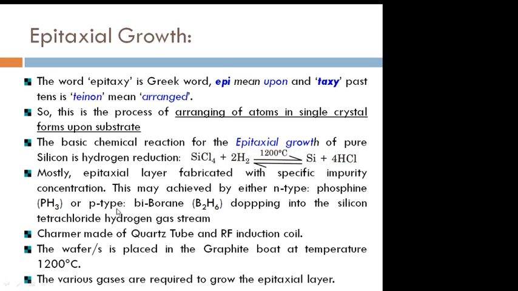Okay, and for a p type we will be using a widely used impurity in the fabrication industries, that is diborane, and that is B2H6, and this both impurity will enable us to having either p type or a n type layers, which is known as a epitaxial growth.